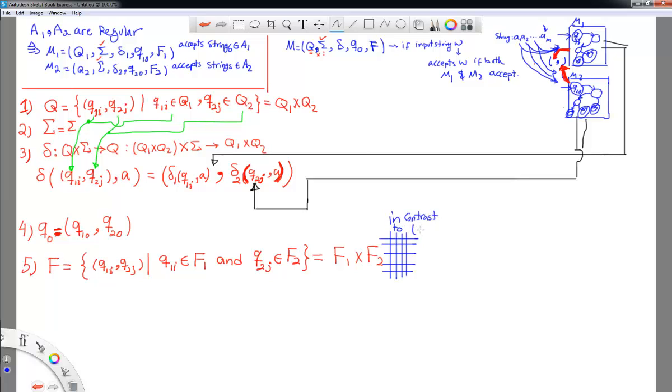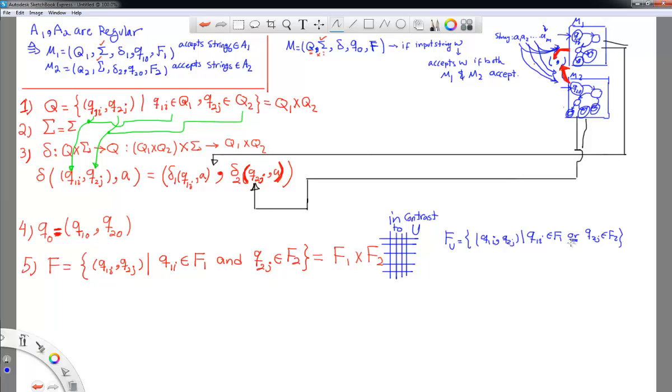Remember the F of the union was equal to Q sub 1i and Q sub 2j, such that Q sub 1i belongs to F sub 1 or Q sub 2j belongs to F sub 2.